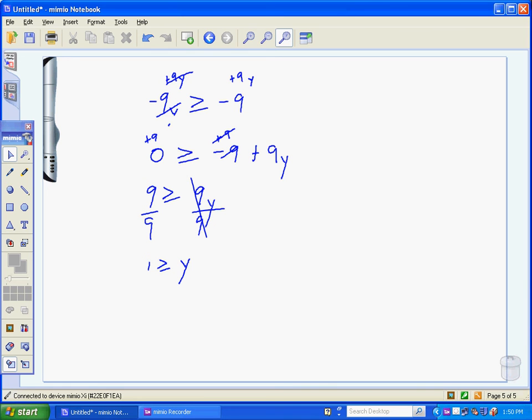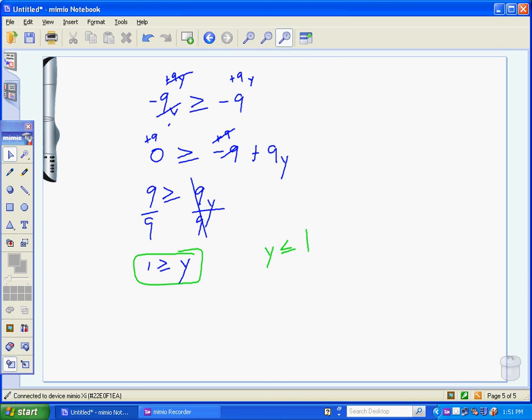Now, I didn't have to flip it because I'm not dividing by a negative. Only by a negative. Read your notes, it says right there: when you multiply or divide by a negative. Now if you look at your example, where we flipped it, it said y is less than or equal to 1.